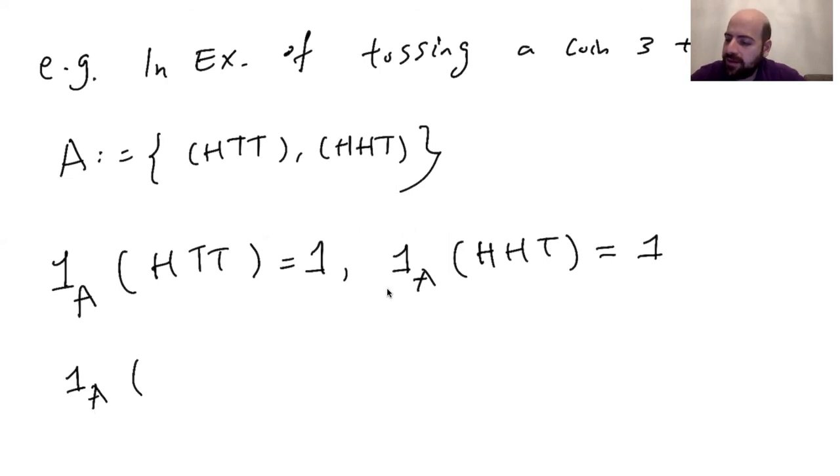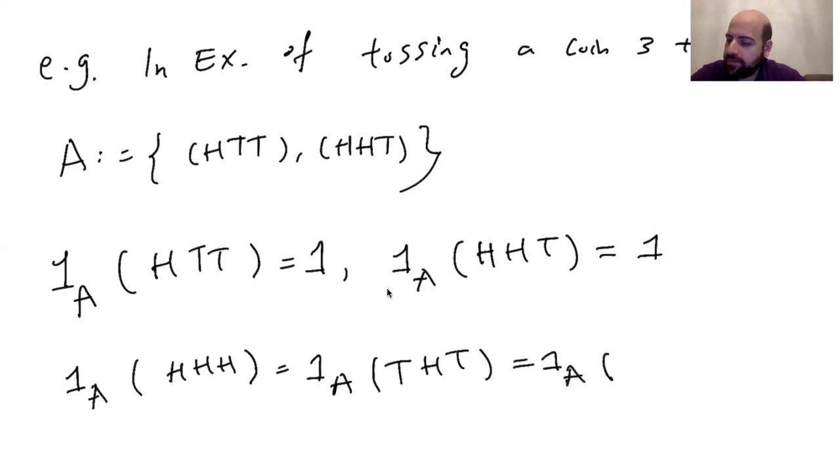So 1_A of head-head-head is equal to 1_A of tail-head-tail, 1_A of tail-tail-tail, and the other elements, they're all 0.